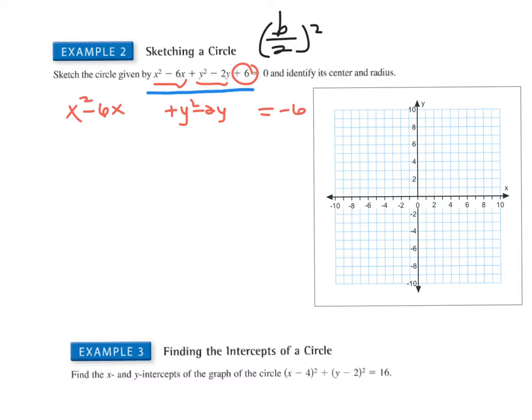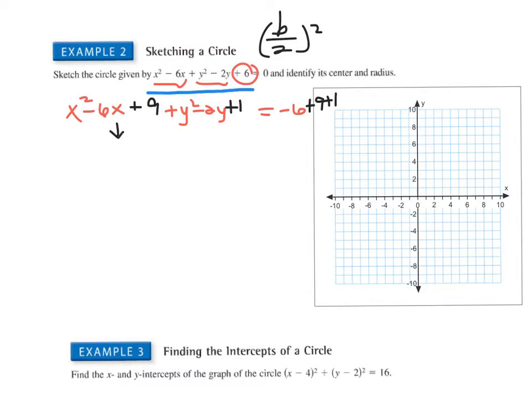So 6 over 2 is 3, squared is going to be 9, but I have to add the 9 here as well, okay? For the y's, -2 divided by 2, or 2 divided by 2 is 1, squared is 1, so you have to add a 1 to both sides, okay?